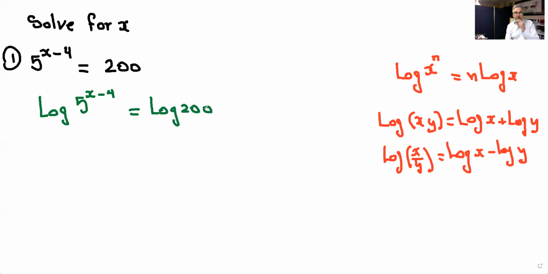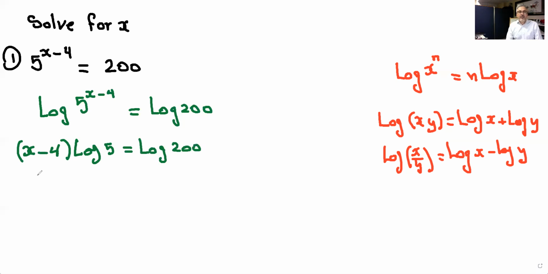Now I'm able to bring that x minus 4 in front of the log, because there's a log rule that says if you have log x to the power of n, you're able to bring n in front of the log. So x minus 4 comes down and you have log 5 equals log 200.